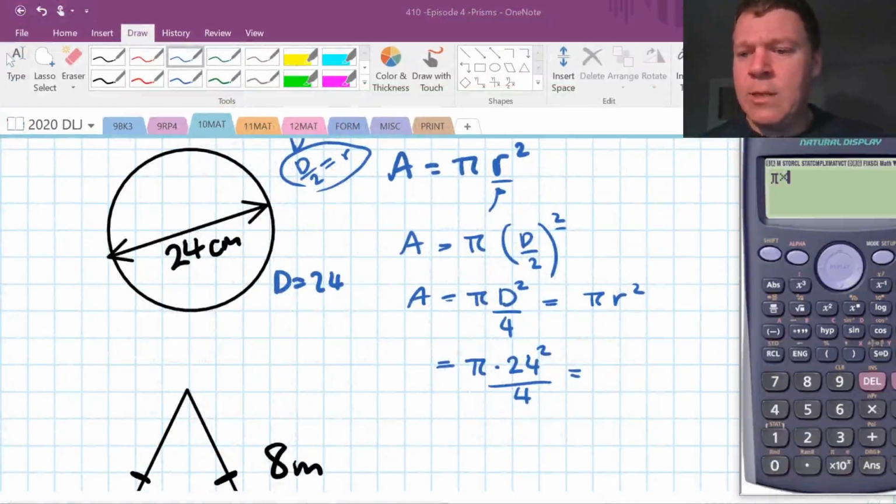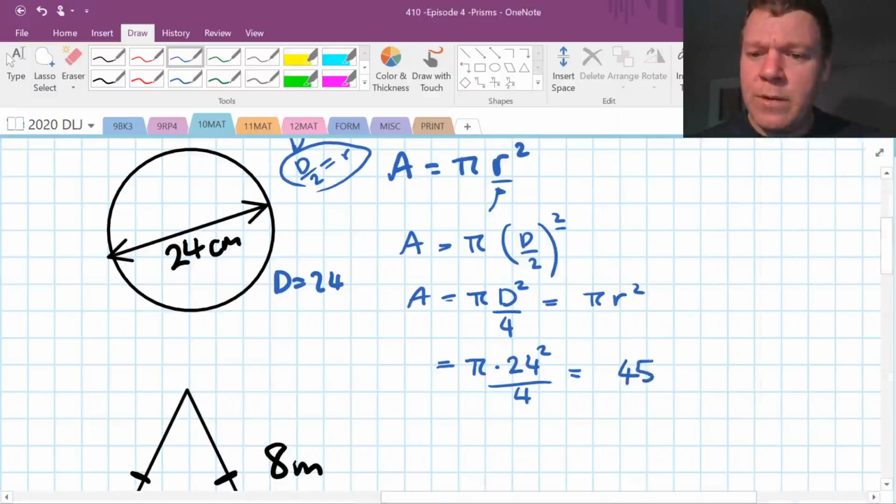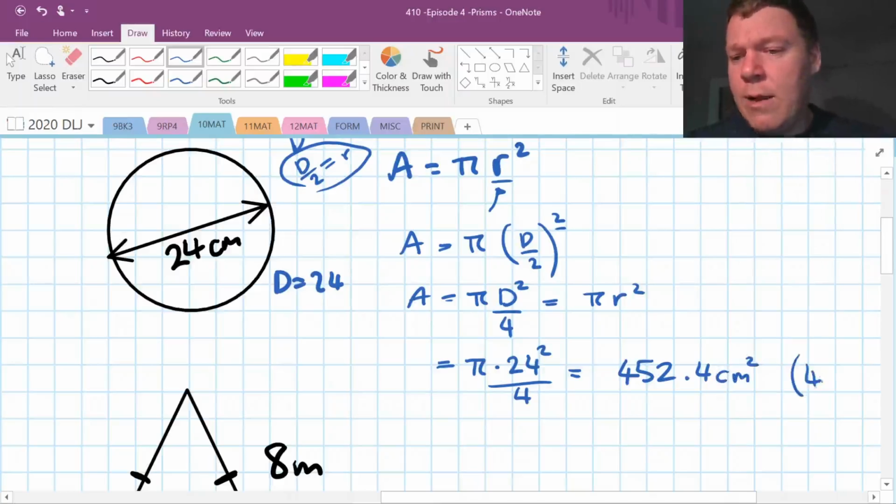Shift pi times 24 squared divided by 4. We don't want our answer in pi, we want it as a decimal. 452.4. And that would be 452.4 centimeters squared, and that was 4 significant figures.